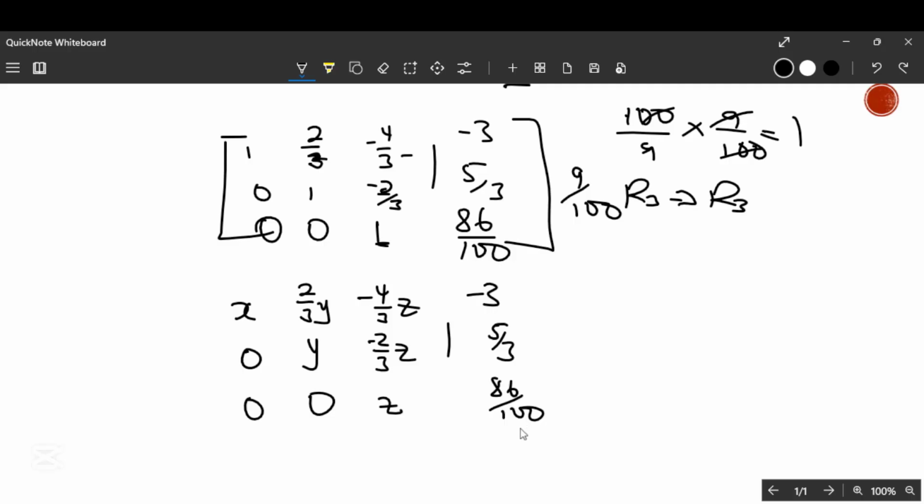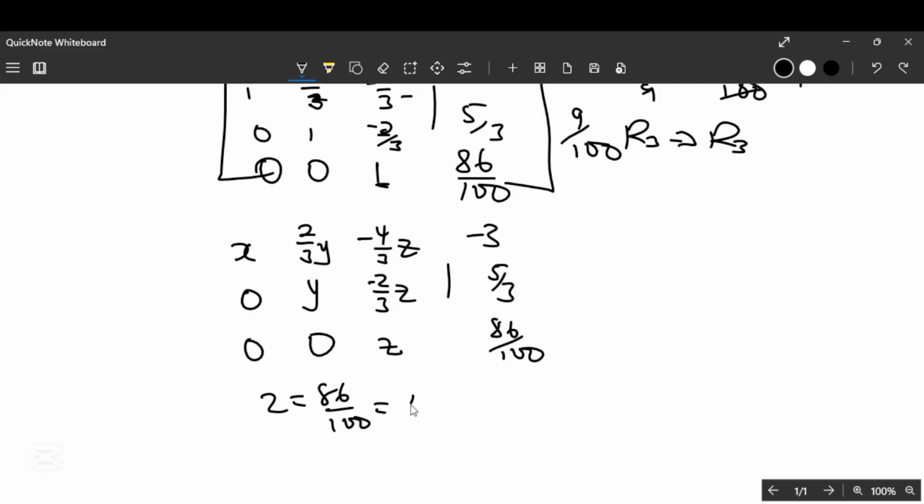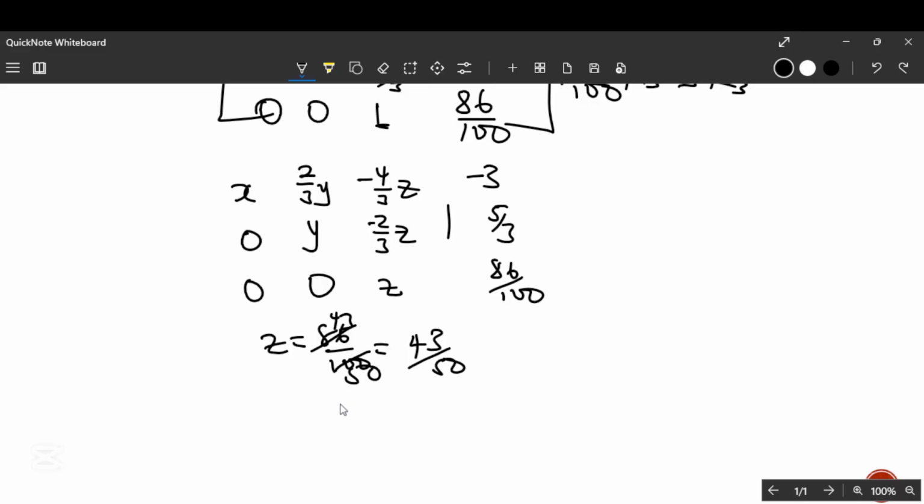Great. Now we know that z is equal to 86 on 100, and this is the same as 43 on 50. Alright, so the value of z is equal to 43 on 50.